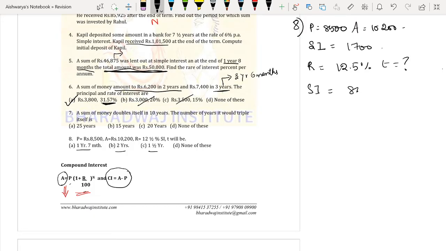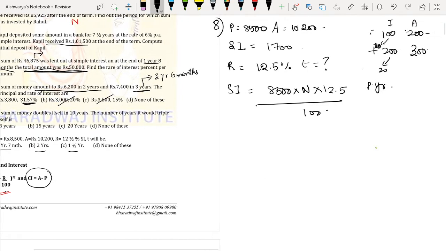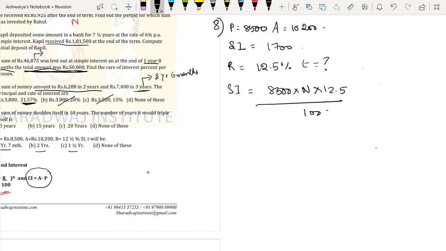So P is 8,500 into N, we don't know, we are going to calculate, into R is 12.5 divided by 100. This is equal to 1,700. So cancel the two zeros out here. So N will be nothing but 1,700 divided by 85 into 12.5. So use your calculator. Tell me what you get. What you get is 1.6 years.